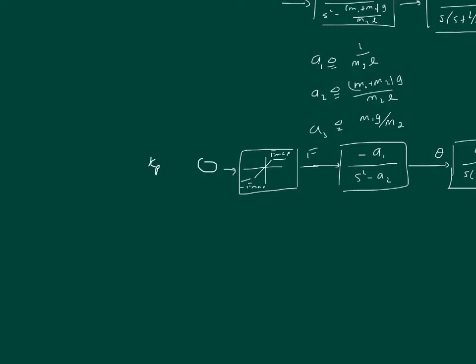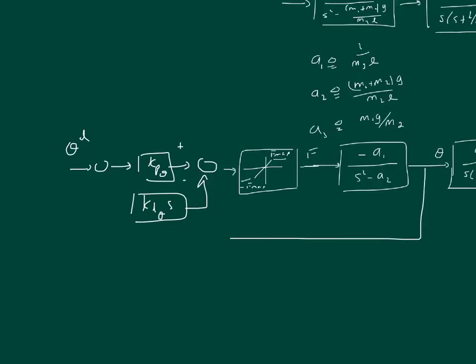So we'll have Kp theta and Kd theta s, with plus and minus, and this is going to be theta desired, and then we wrap feedback around theta. The idea is to design the inner loop, so this would be the inner loop.